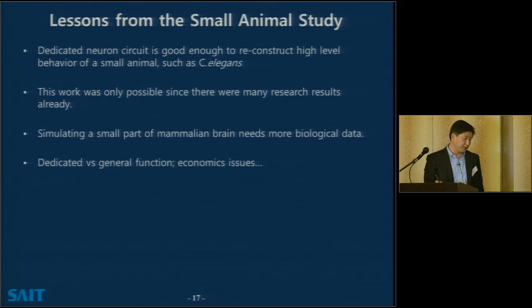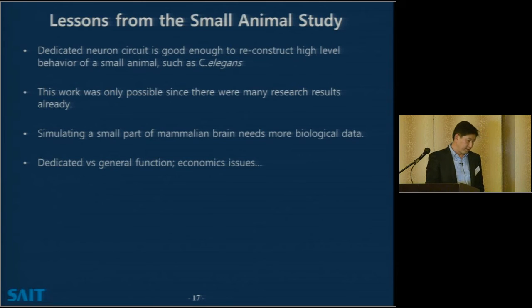But after this simulation, what we learned is it was possible because there was a lot of data already existing for each neuron. But if you want to go further to a more complex system like a cortical column, we need more specific data, and it may take more time to understand the actual functionality.